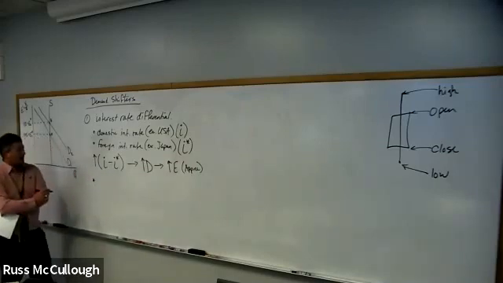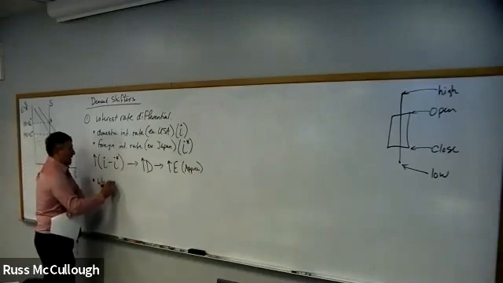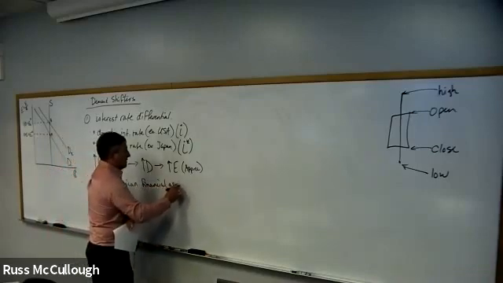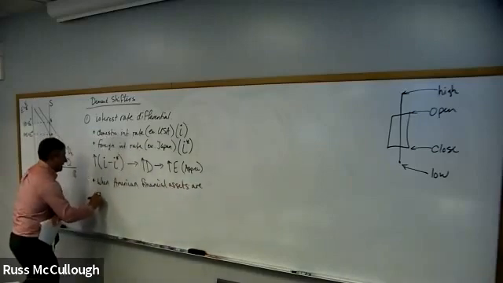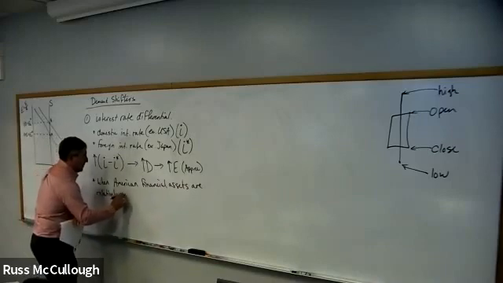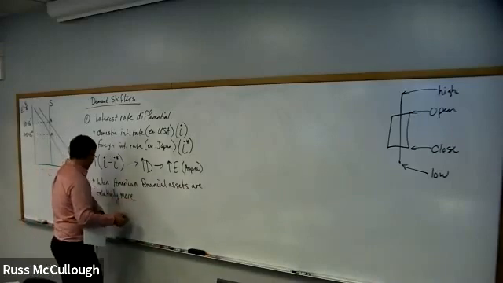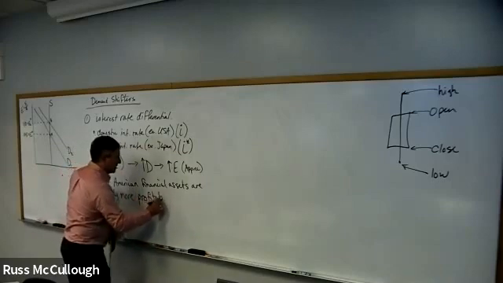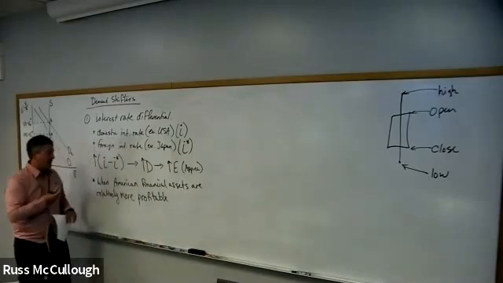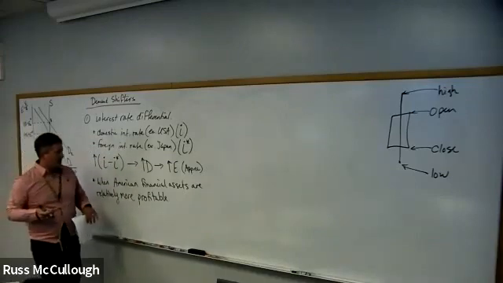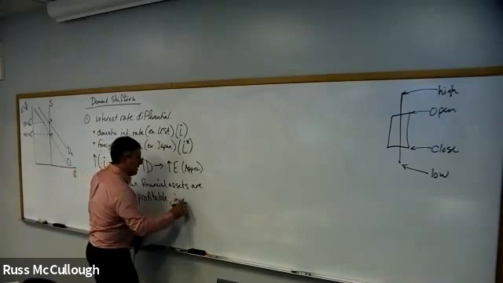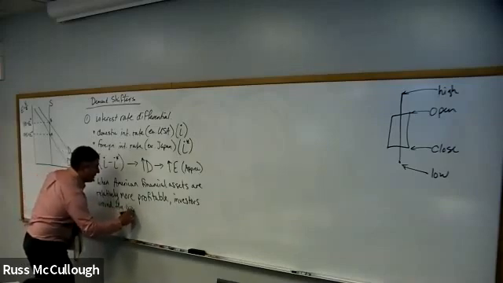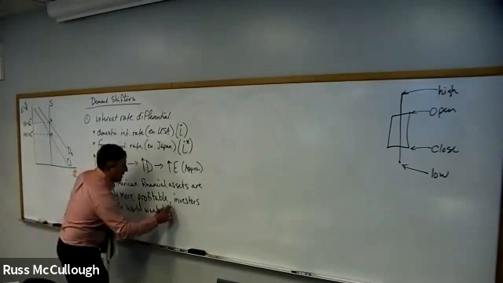So the up arrow here means when American financial assets are relatively more profitable, turn that into rate of return, investors around the world want to buy them.